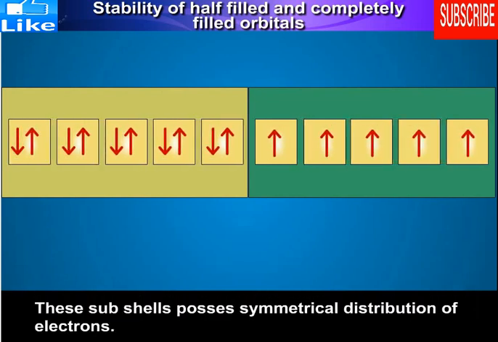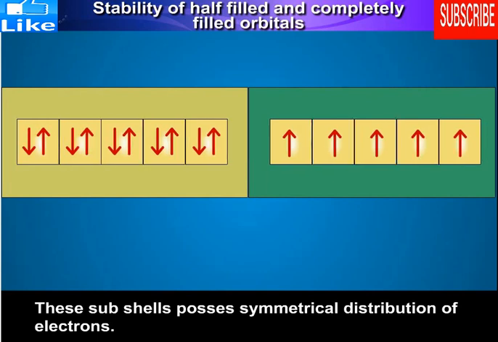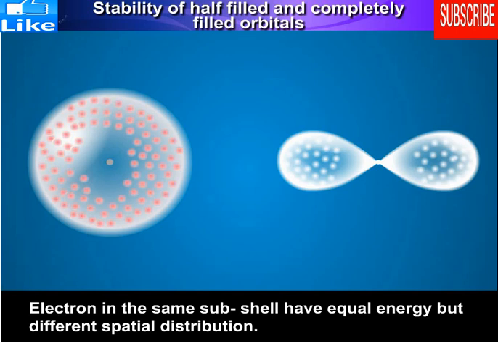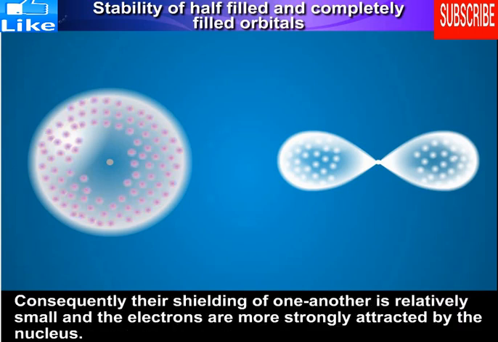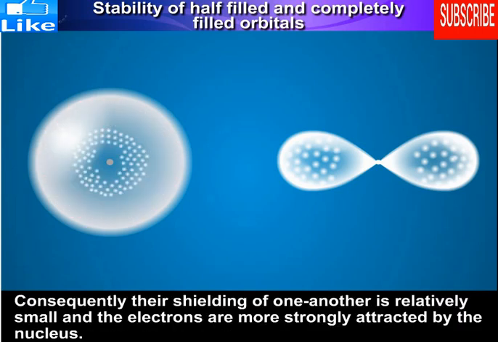These subshells possess symmetrical distribution of electrons. Electrons in the same subshell have equal energy, but different spatial distribution. Consequently, their shielding of one another is relatively small, and the electrons are more strongly attracted by the nucleus.